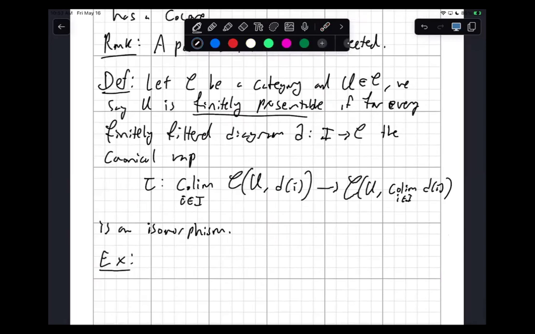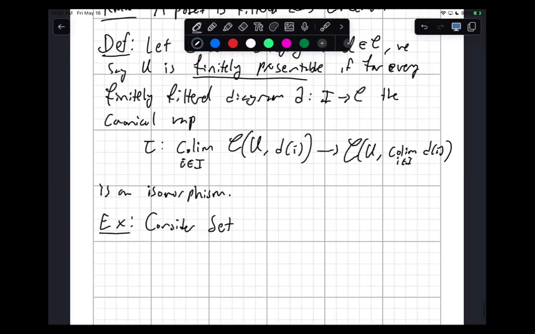So consider Set. Suppose I have some set S and I'm mapping into some big colimit of sets.